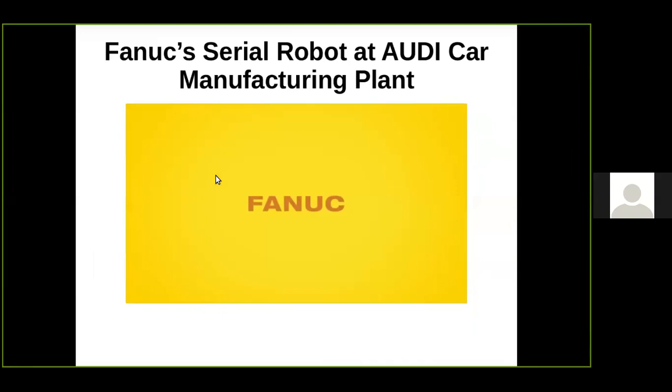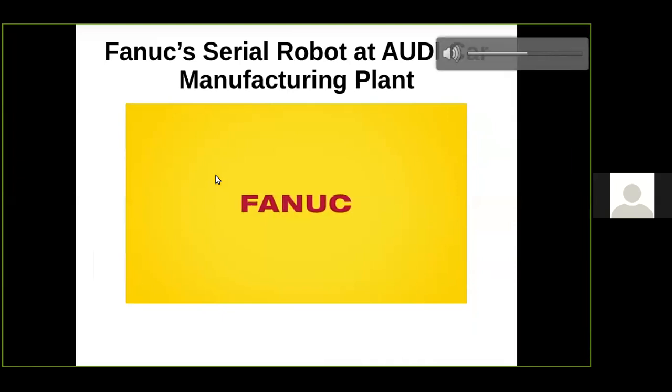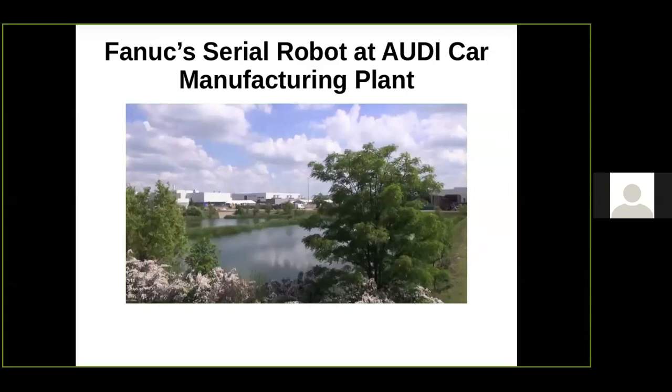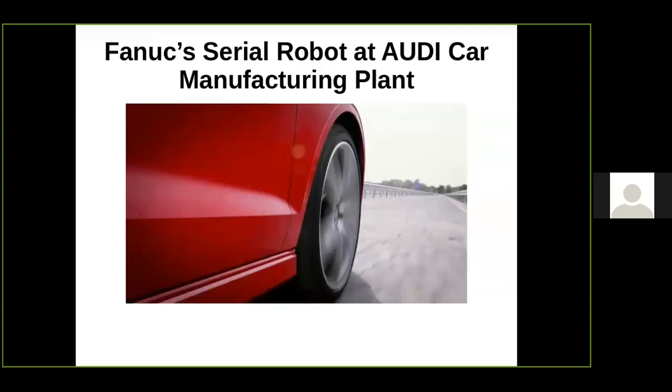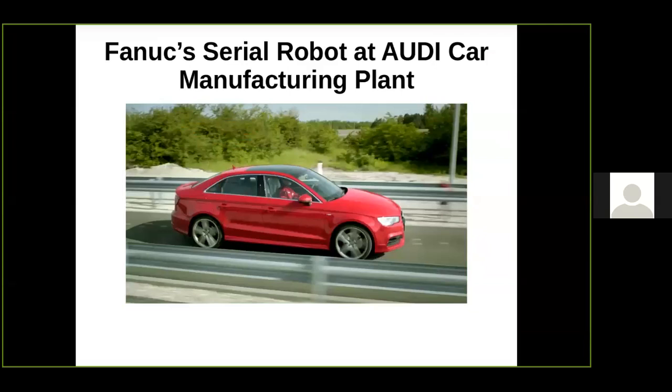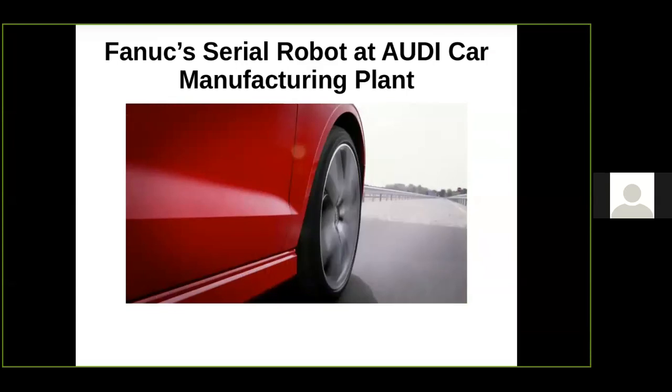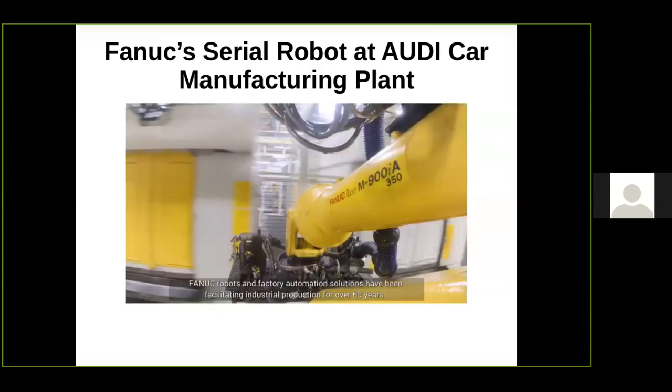This is Fanuc's serial robotic arm at an Audi car manufacturing plant, and you're going to see how a serial manipulator is used in industry. This is of course a programmed serial manipulator, and it is used for various pick and place applications.